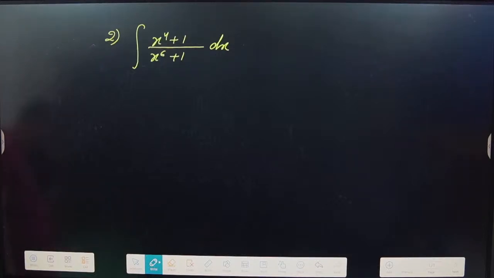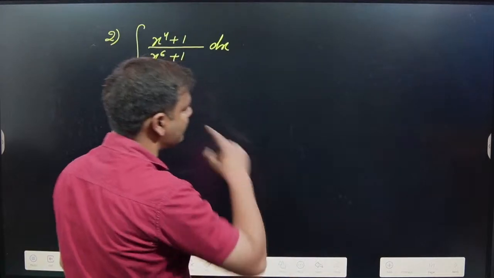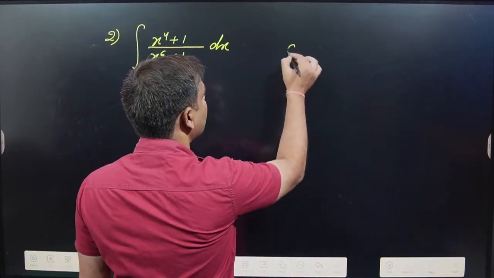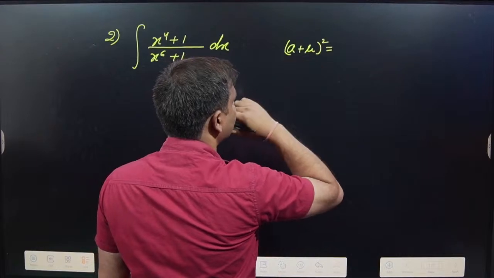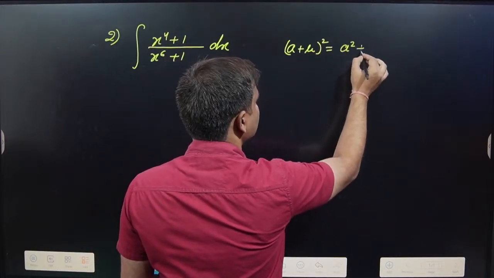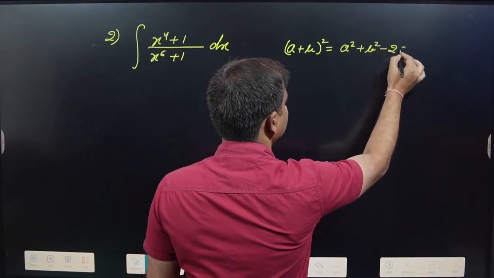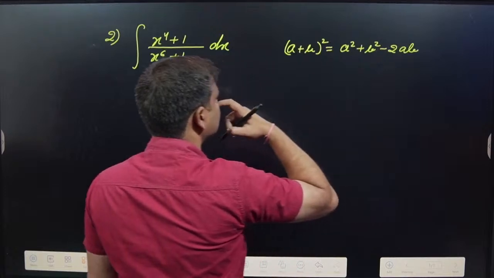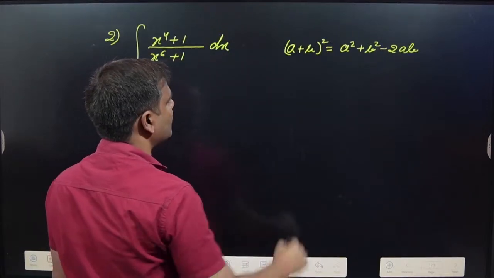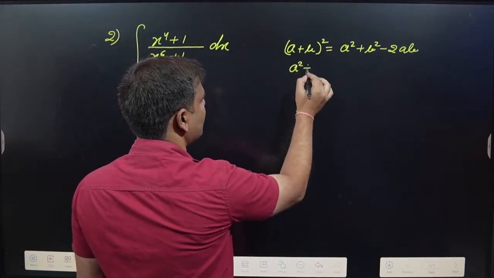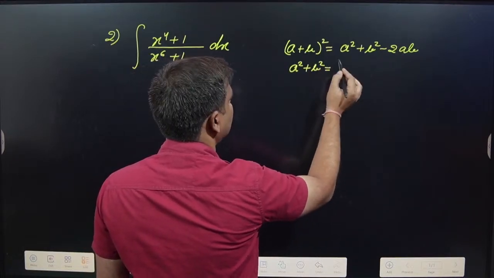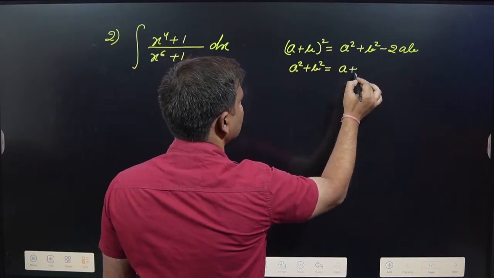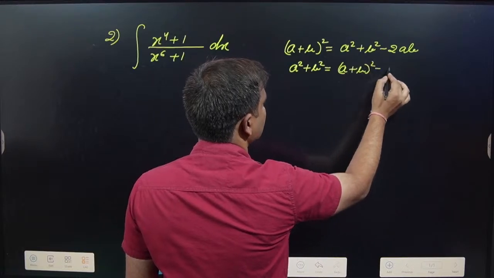I know that a plus b to the whole square is a square plus b square minus 2ab. So a square plus b square is equal to a plus b to the whole square minus 2ab.